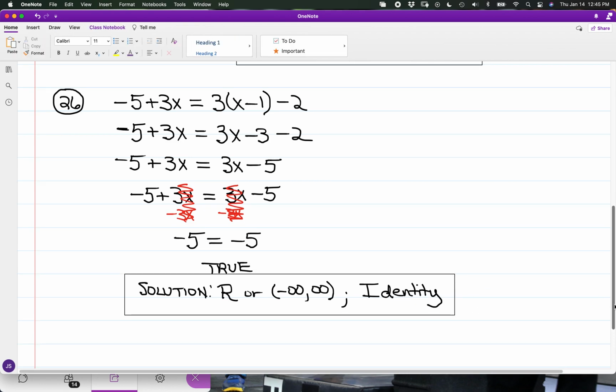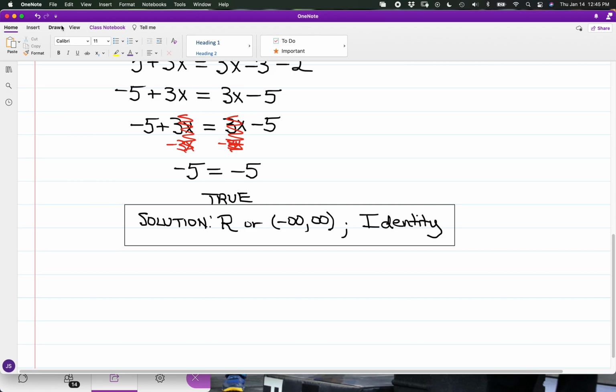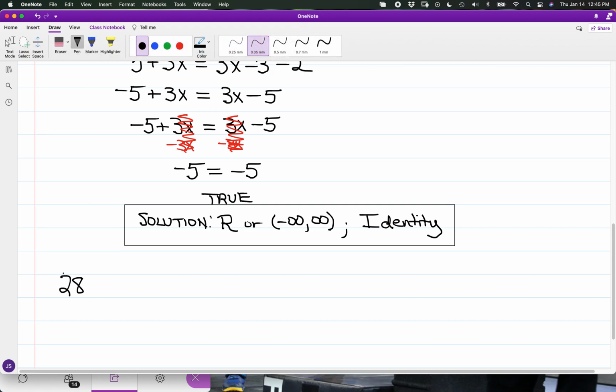Now, in the case of number 28, we have fractions in the coefficients.